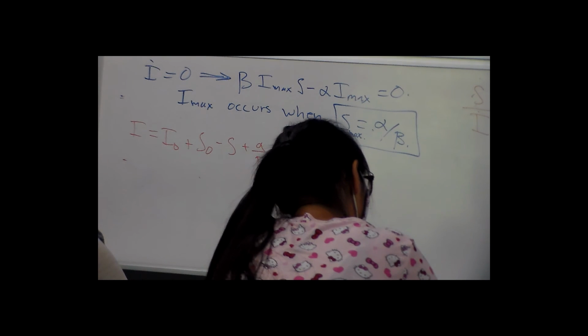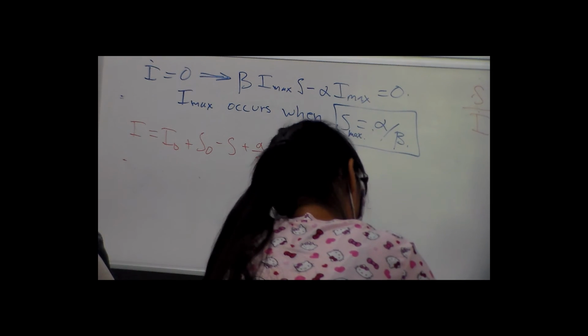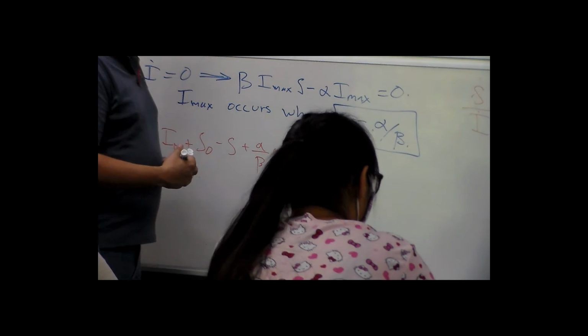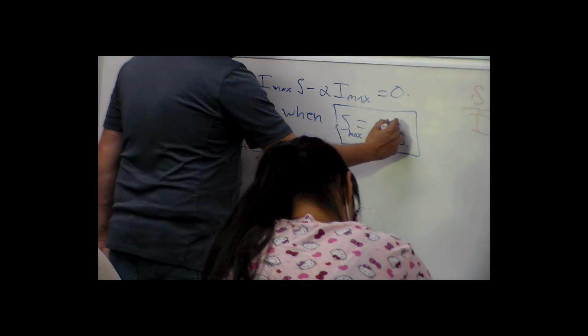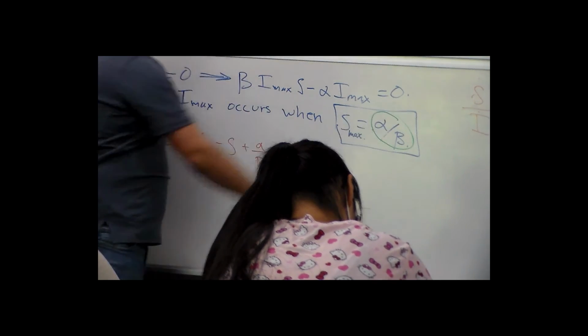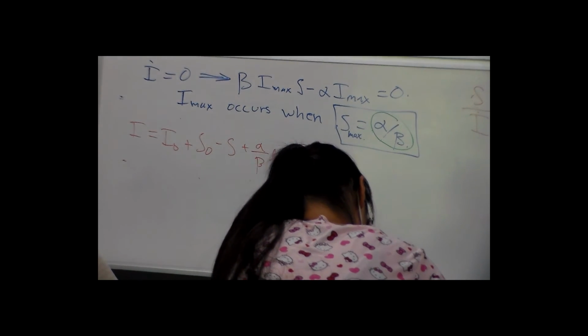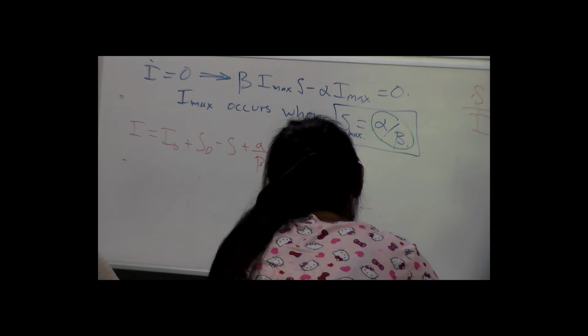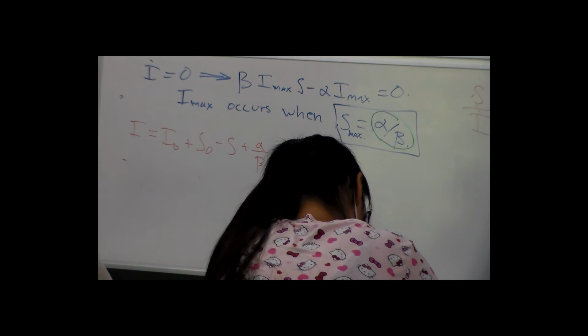Well, we know that I max occurs when S max equals alpha over beta, so can we plug S max in as S? We know this is the S value at which the maximum occurs, so I can just plug that in, and that's got to be my I max.